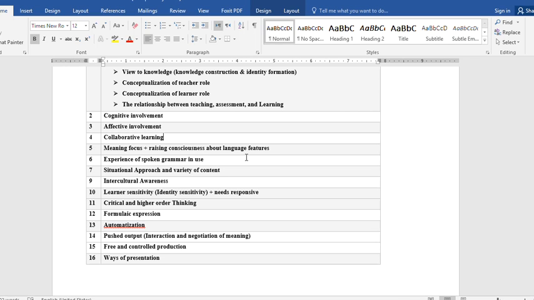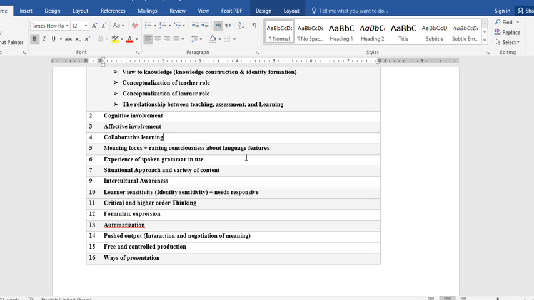Because if we restrict ourselves to meaning, we only try to communicate our ideas. Communicating our ideas correctly and appropriately is better than just communicating.